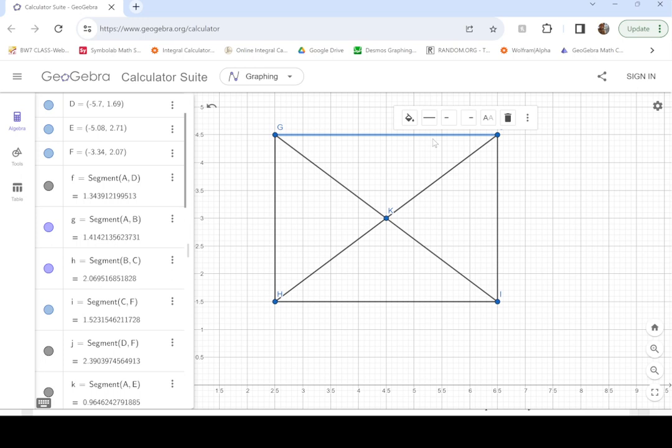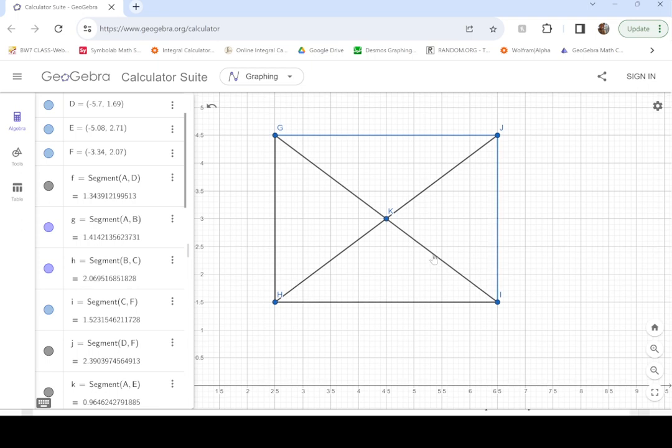From G to J, and then from J, I'll go to I, and then from I, I'll go to K. And then from K, I'll go to H. And then from H, I'll go to G.